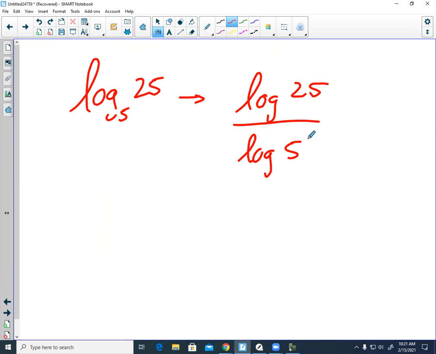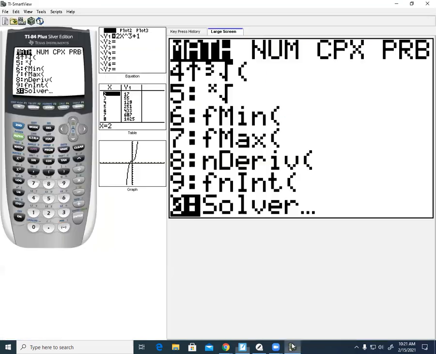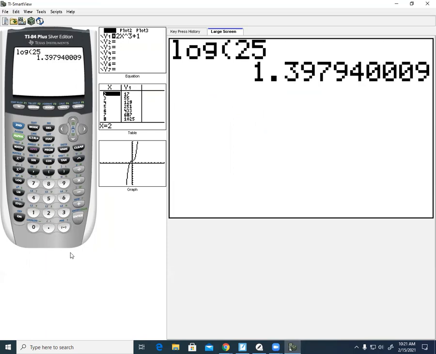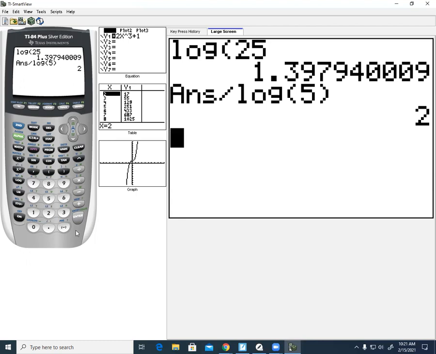So just be careful with this. So when I try this, I would try log 25. I like to hit the enter button so that I know I'm not running into any issues. Divided by log 5. And then I should get 2. And the reason is because it's asking you how many times do you multiply 5 by itself to get 25. So that should make sense.